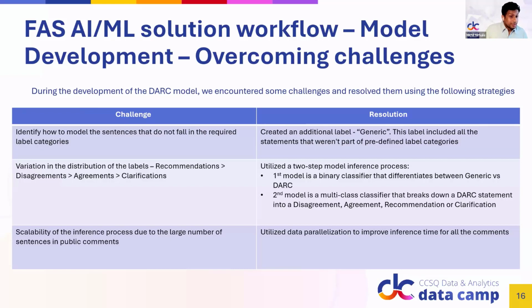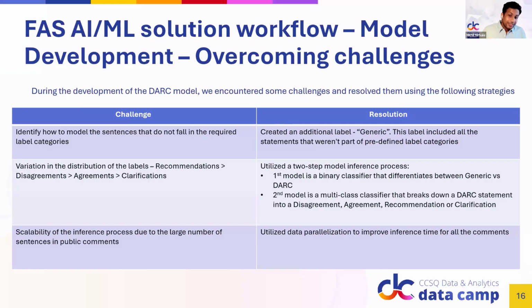Now, the second challenge was the variation in the distribution of labels. Generic statements are definitely going to be a lot in number, but the recommendations were higher than disagreements as compared to agreements in comparison to clarifications. And generic were much higher than all of this. So, how did we take care of that issue? We developed a two-step model here. The first model was a binary classifier that differentiates between generic versus dark.